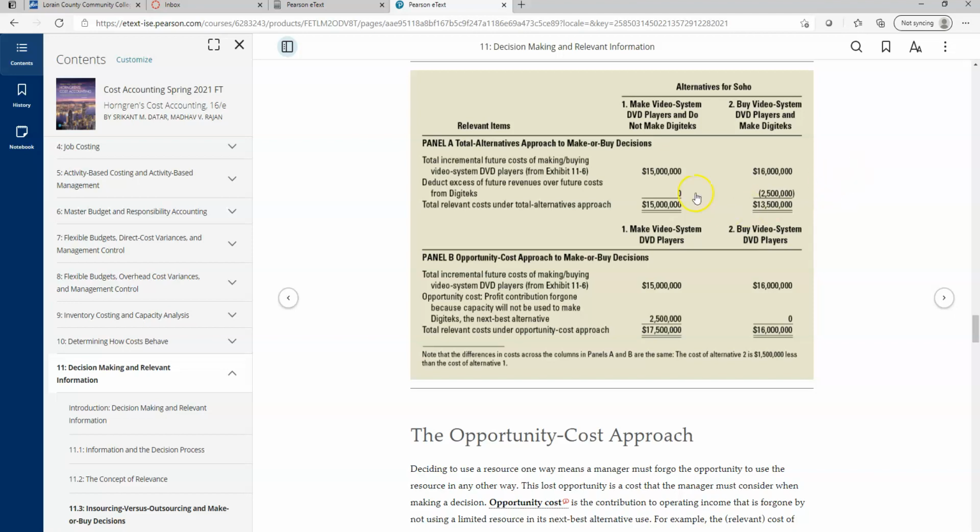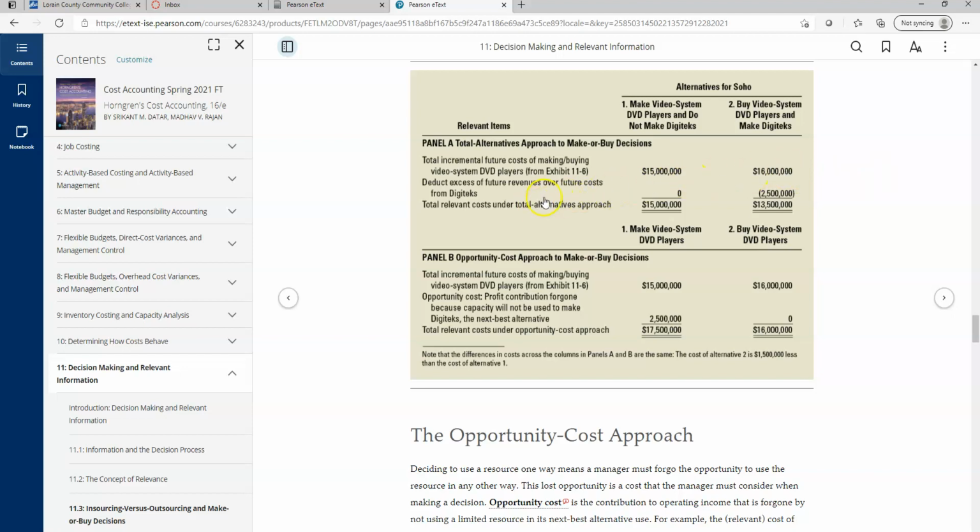Remember that up here in panel A, if we choose to make those DVD players, and not make the Digitech portable DVD players, it's going to cost us $15 million, and $16 million to outsource it.